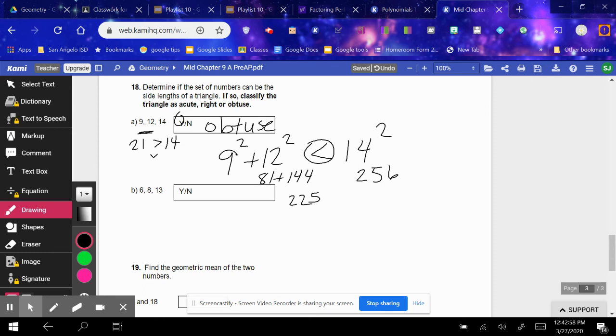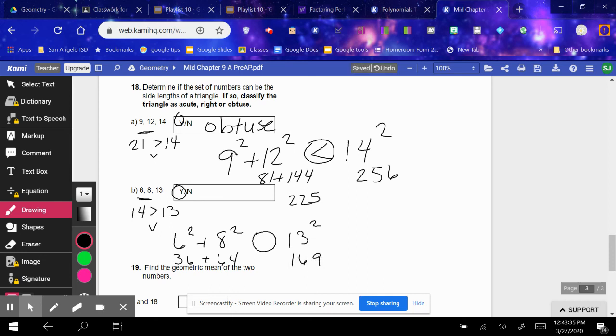Okay, B, we have 6, 8, and 13, two smaller sides. We add those together and check to make sure that they're bigger than the third side length. And they are, so yes, this is a triangle. And then we'll use our smaller two sides in the Pythagorean theorem for a and b. Compare it to the c squared. 6 squared is 36. 8 squared is 64. 13 squared is 169.